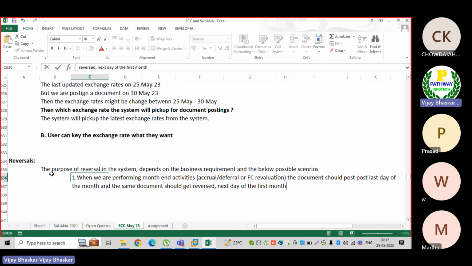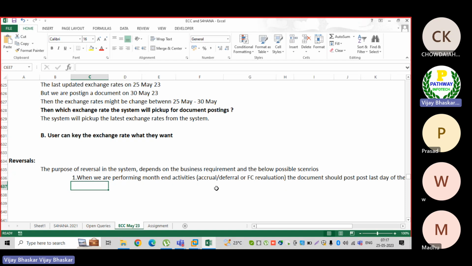This we have already seen. The accrual and deferral we have already seen. Foreign currency revaluation related, I will explain going forward.